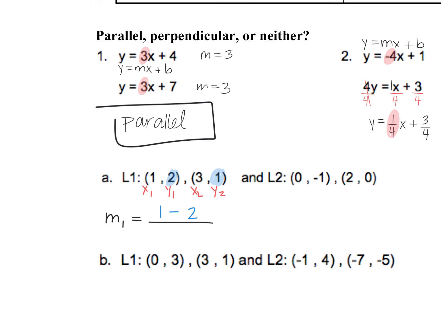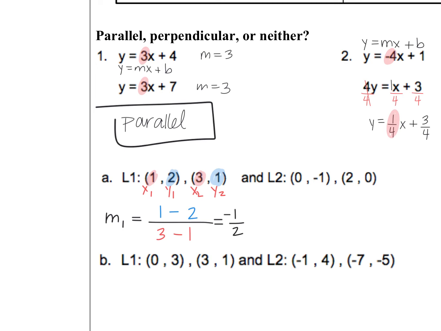And on the bottom, we do x2 minus x1, so you've got to make sure your x's are on the bottom, so on the bottom 3 minus 1. This simplifies to -1 over 2.